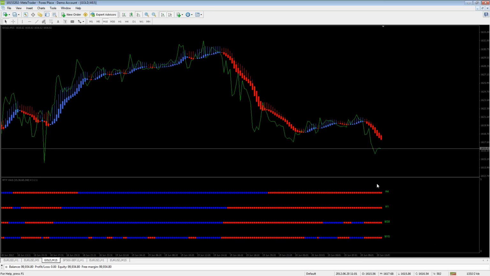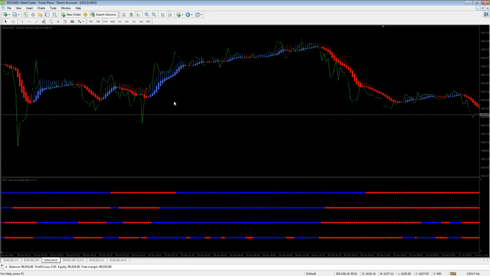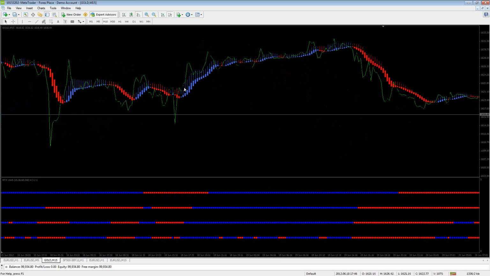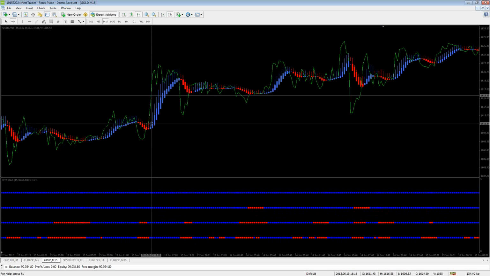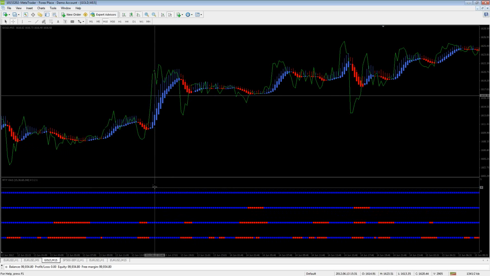And what we obviously want for an uptrend is for the price to be above the Heikin Ashi. We want the Heikin Ashi to be blue, and we want the multi-time frames all to be blue as well.